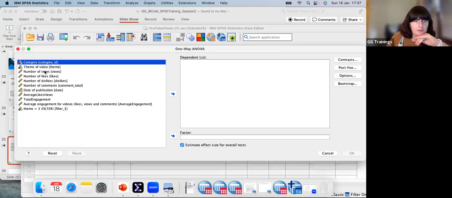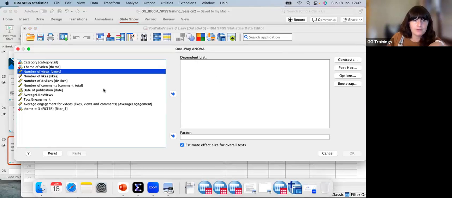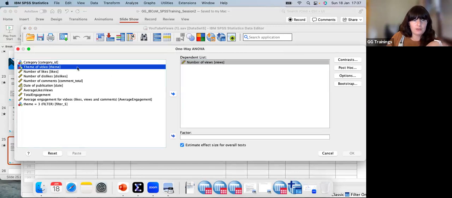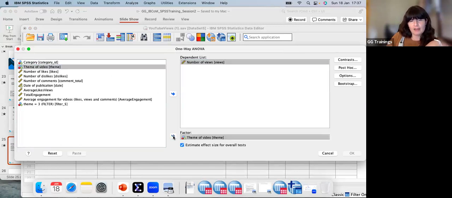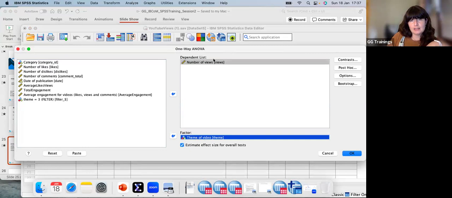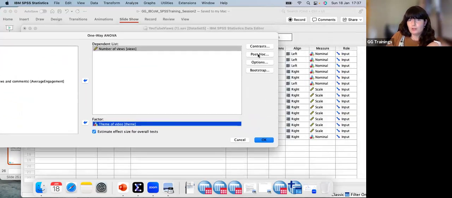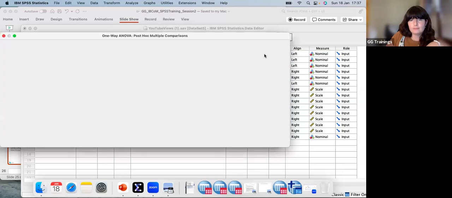Okay, your dependent variable, whatever it is, let's say number of views, it's always the interval ratio variable. And then your independent, let's go with theme, and you put that in factor. So IV and DV.